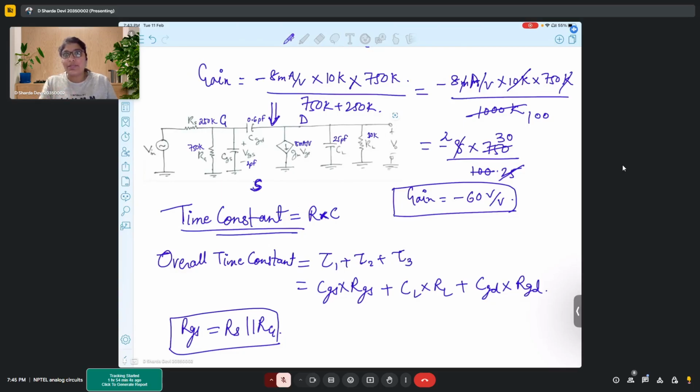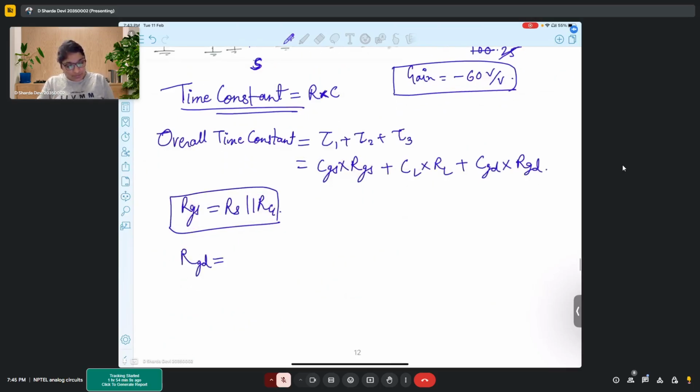Gate and drain terminals or ports, you can say. So we give RGD as RL plus RG parallel RS plus GM RL into RG parallel RS.